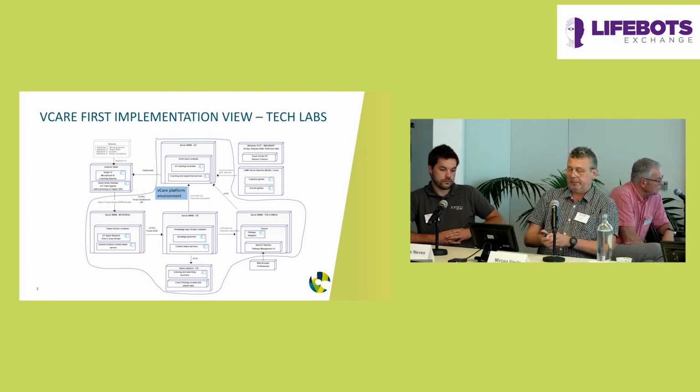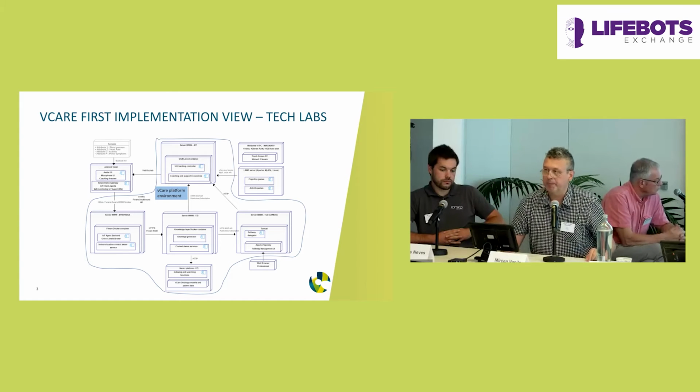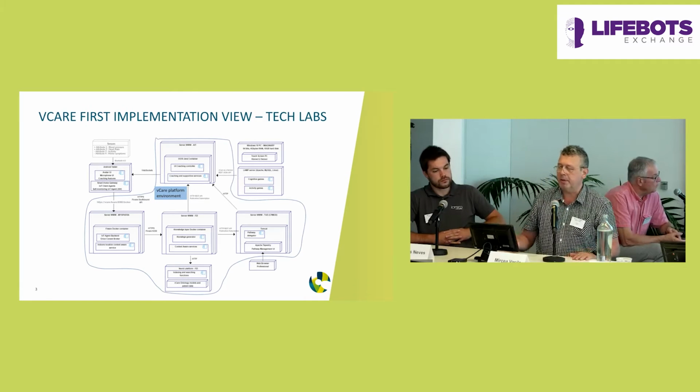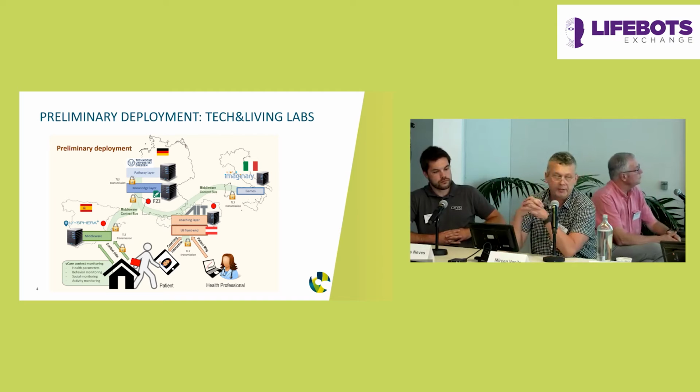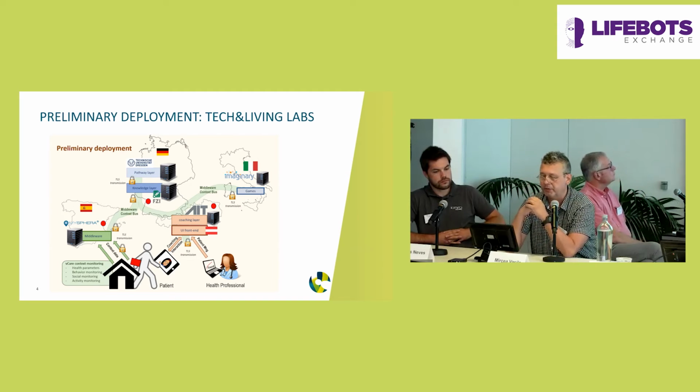Okay, but what if, for a single dimension of data, for example the same example with the heart rate, we need multiple consumers? So we implemented in the middleware the MQTT technology.